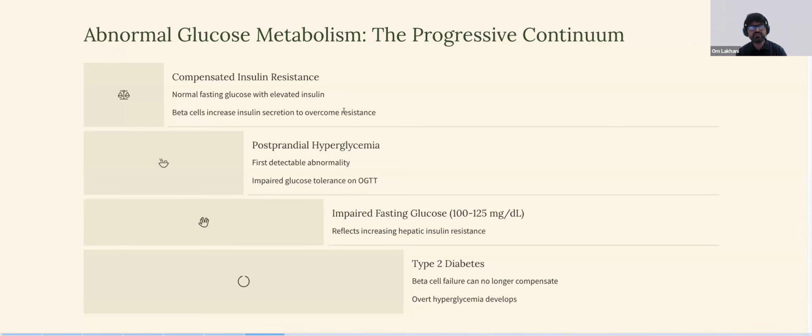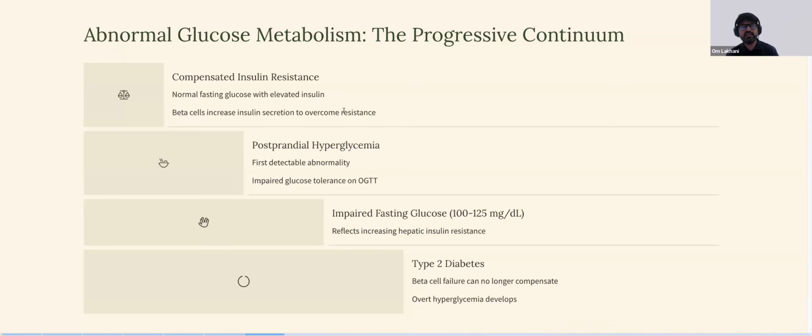So the first sign you start seeing is postprandial hyperglycemia, and that is the reason the most sensitive test for detection of diabetes is the oral glucose tolerance test and not fasting blood glucose. That's why we do an OGTT to detect diabetes early on, both in gestational diabetes as well as in a normal diabetic patient.